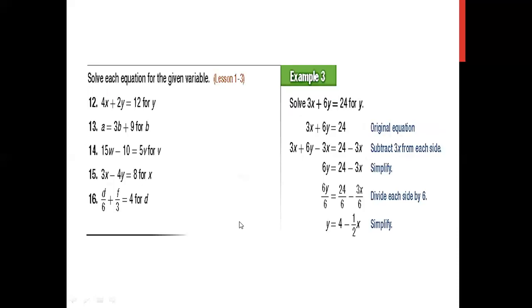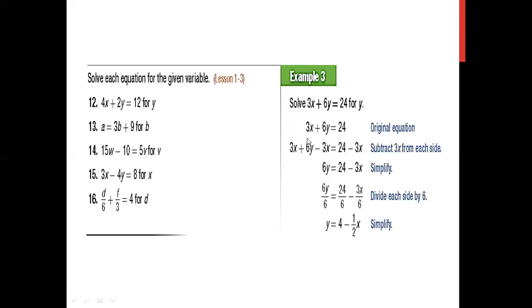The third concept that I need before starting my lesson is how to solve an equation for a given variable. In this equation, solve for y. They will try to isolate the variable y on one side. 3x plus 6y equals 24.